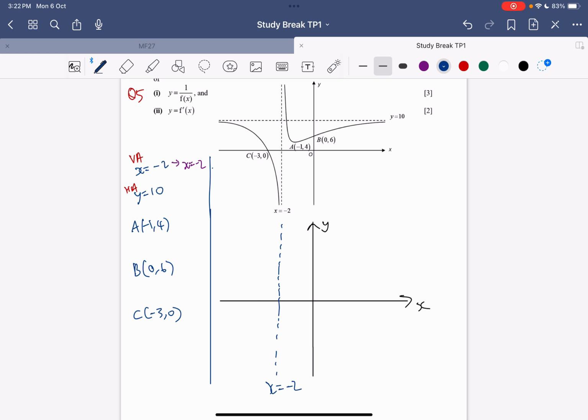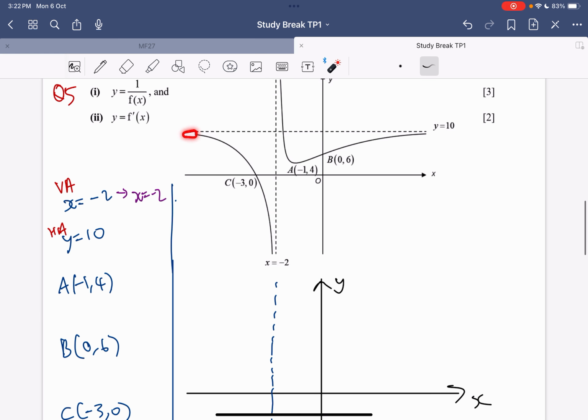x equals to -2. Now for our horizontal asymptote, y equals to 10, ask yourself, what is the gradient tending towards? Right, as it goes towards the extremes, which is kind of flat, we see that the gradient is also tending towards 0. So dy/dx tends to 0.